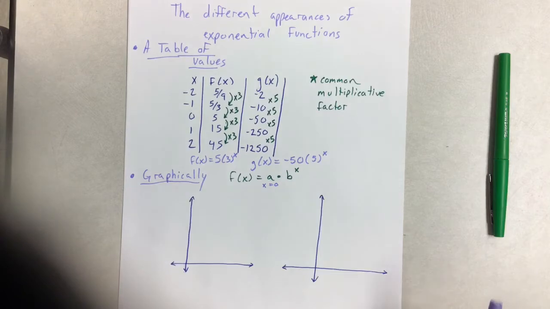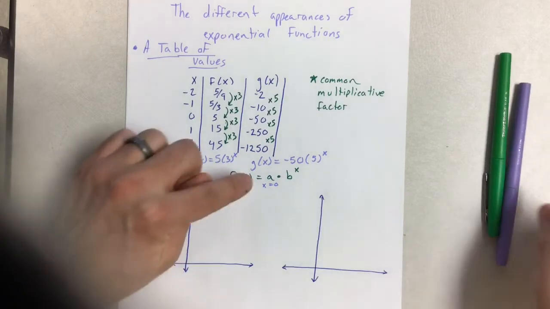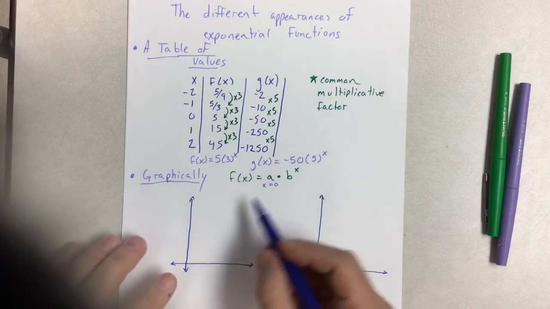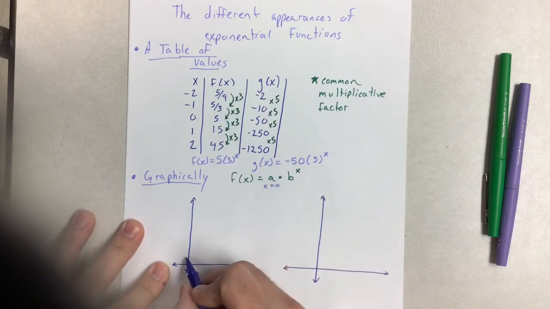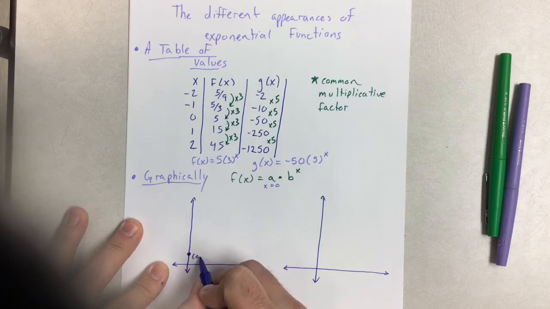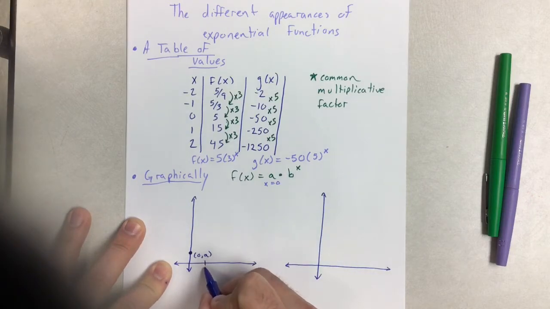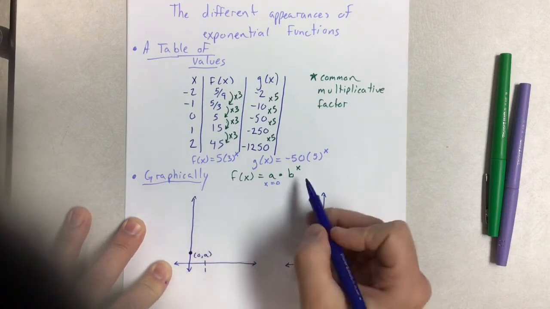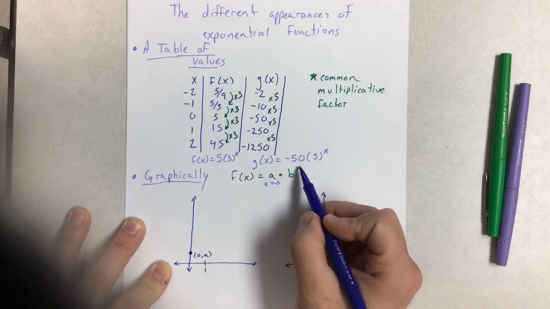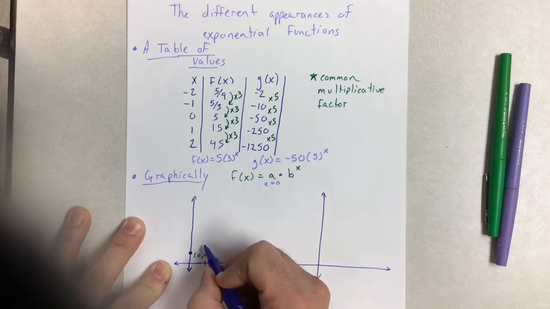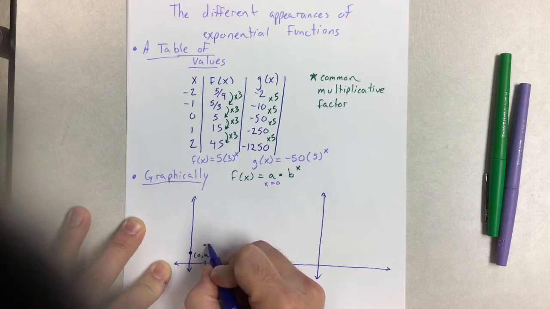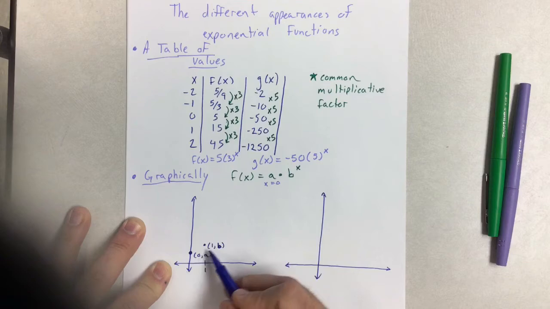So graphically, with a function, we know the y-intercept will be our value of a. And then when x is 1, we get the point (1, b).